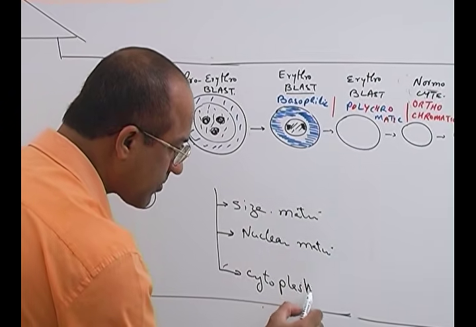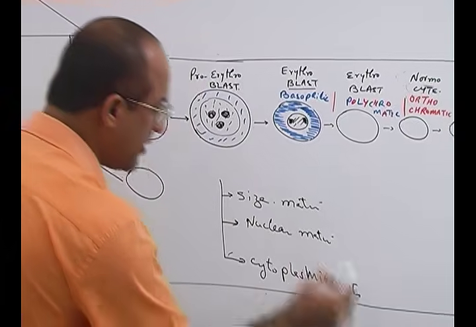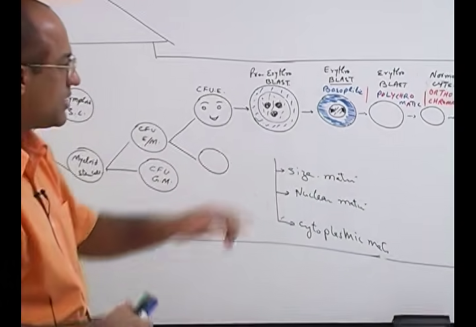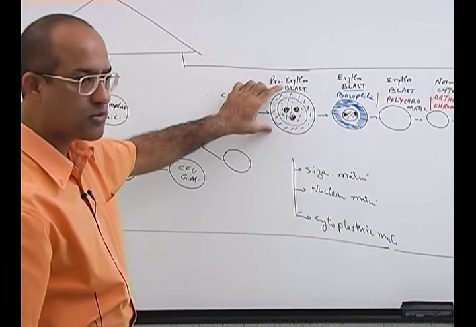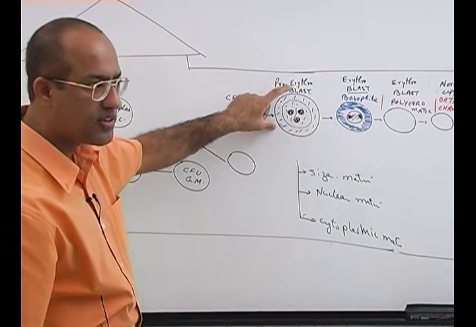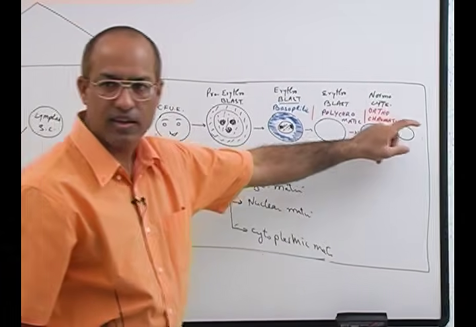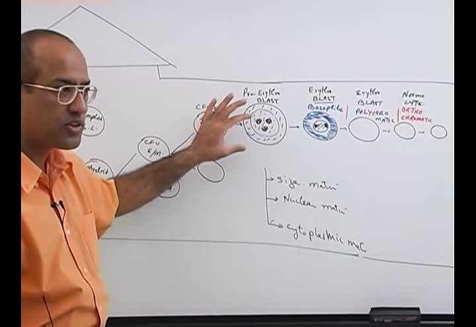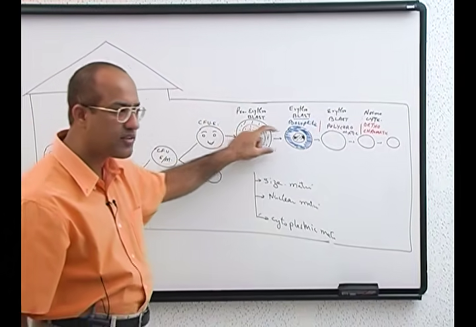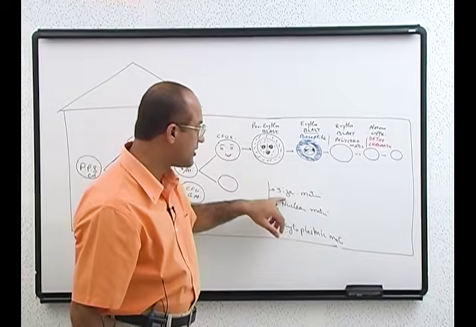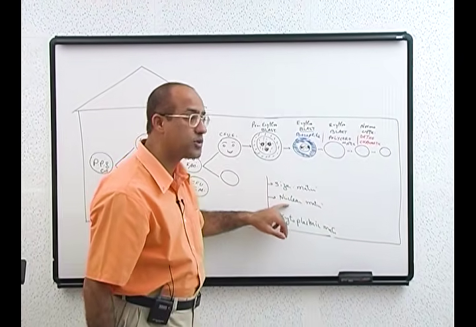Listen. Size maturation means that as you are moving from early cells to more differentiated cells, in the process of erythropoiesis, size should become progressively smaller. That is size maturation.